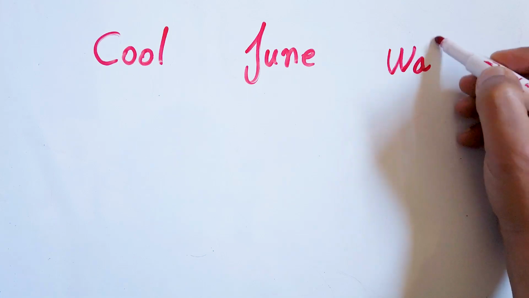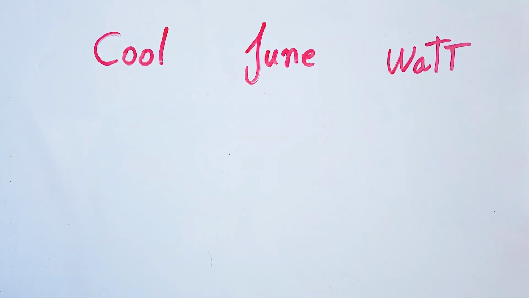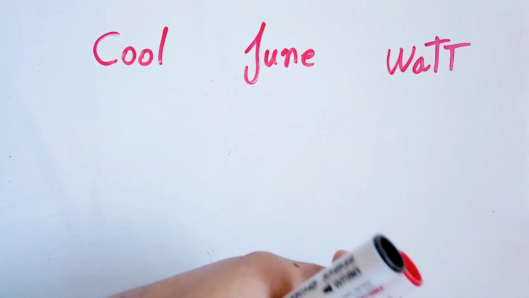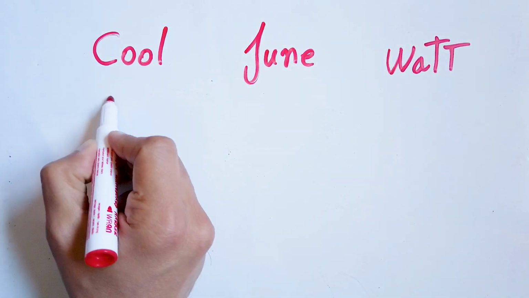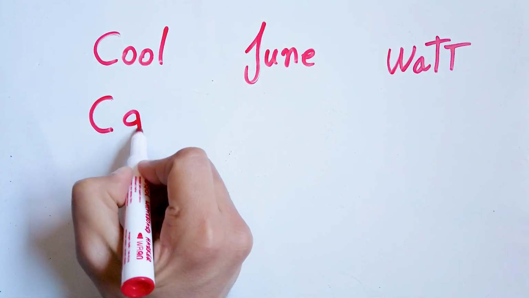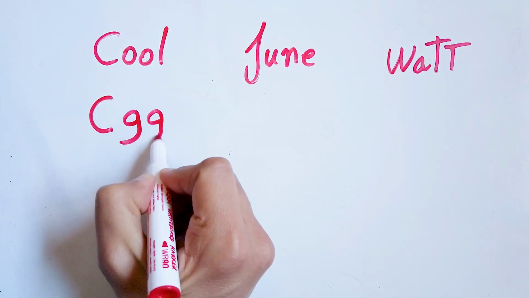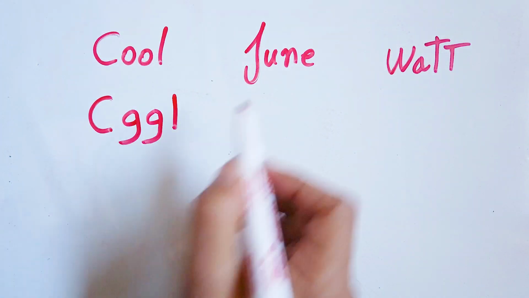June, and what? Okay, now let's substitute some of the English letters by one Arabic letter. So I have here cool. Let's write it like this. I will substitute the O by this letter. You see? And then I will add the L. June.